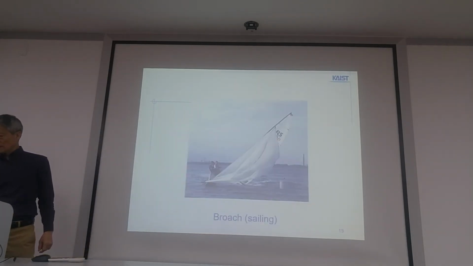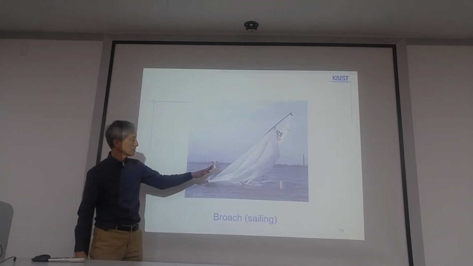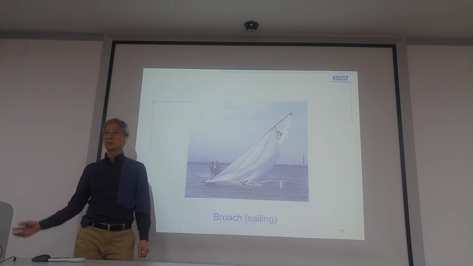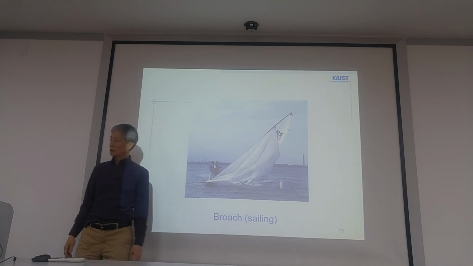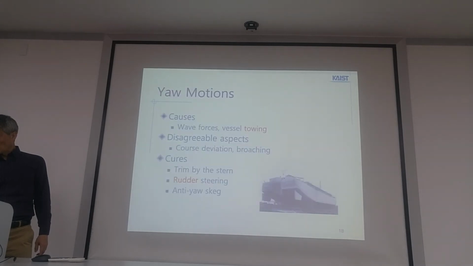Okay. And broaching sometimes comes with sailing ships: it goes collapsing of the sail because of the big wind hitting. Of course. So because of the yaw, it can be broach.